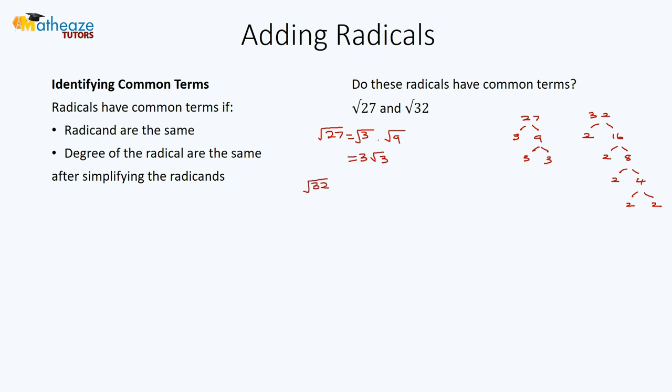The square root of 32 is the same as the square root of 2 multiplied by the square root of 4 multiplied by the square root of 4, which is 2 times 2 square root of 2, which is 4 square root of 2. So the square root of 27 is 3 square root of 3, and the square root of 32 is 4 square root of 2. Because the radicands are different, these do not have common terms.